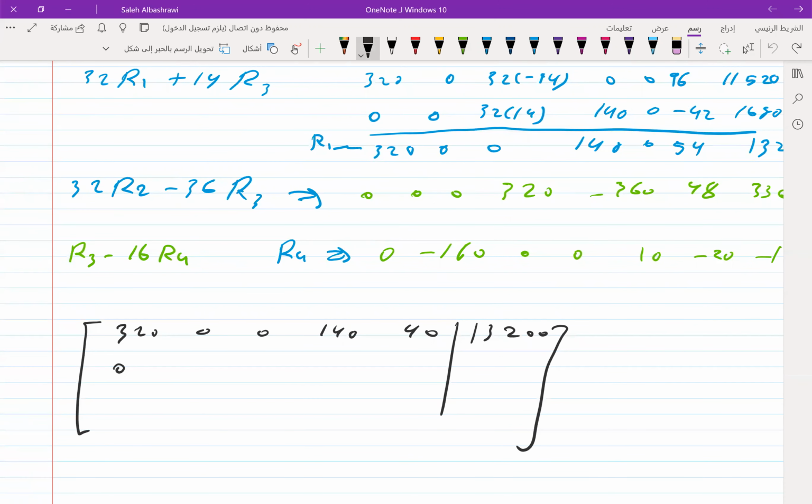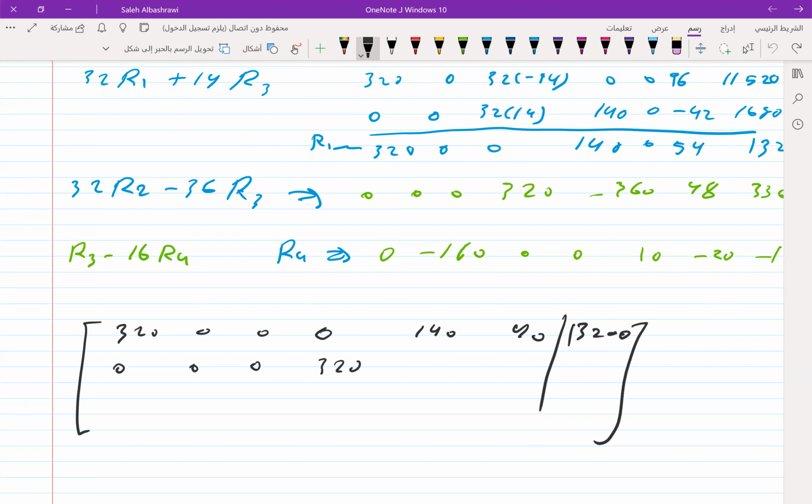The second row is 0, 0, 0, 320, 0, another 0, 0, 40, 40. This will be 0 minus 96 and 7,680.